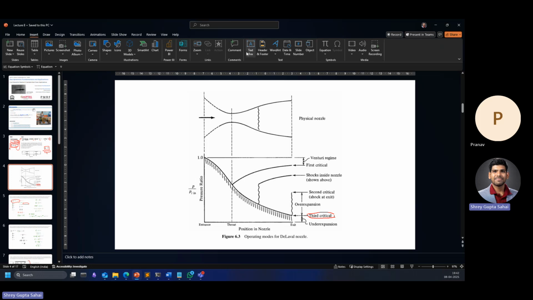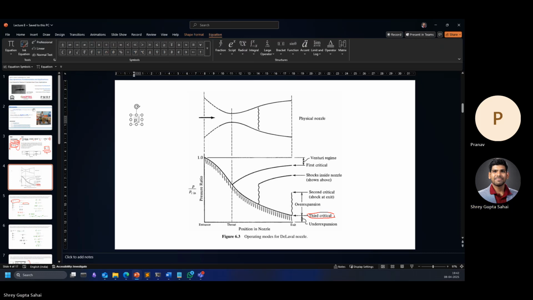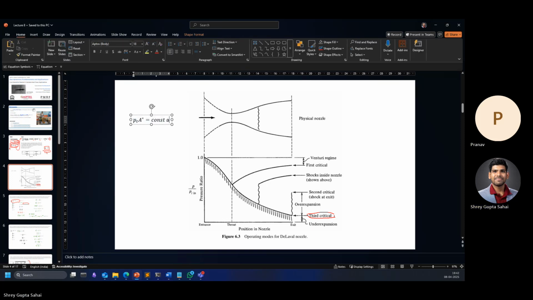Okay, I think I got it, but we can discuss this if you want to. Let me tell you if my reasoning is fine. Across a normal shock, A star is a constant, isn't it? Are you aware of this equality?